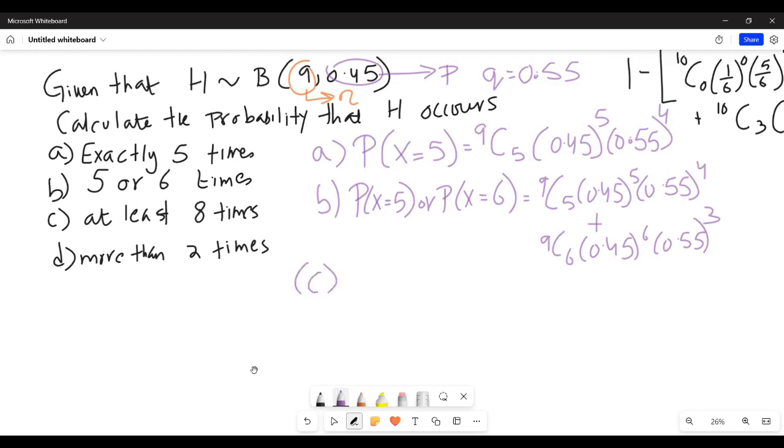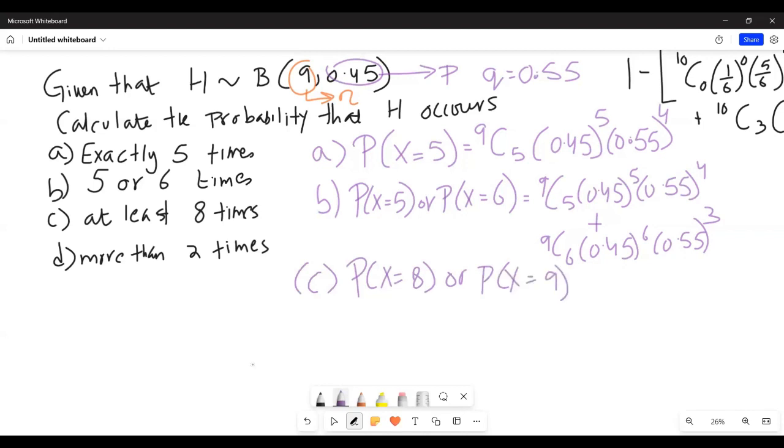Part C is at least 8 times. Acha, at least 8 times का ये मतलब नहीं है. At least 8 times means 8 times or 9 times. So probability X equals 8 or probability X equals 9.